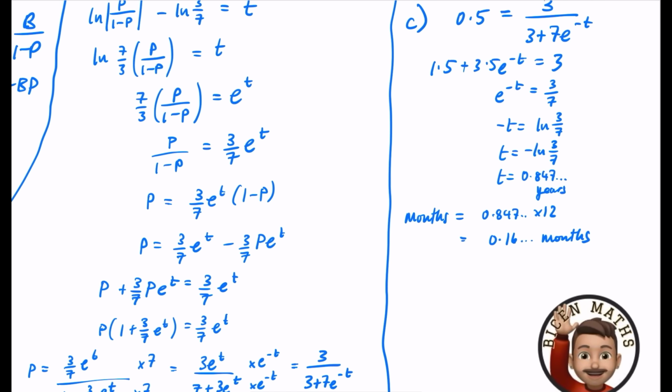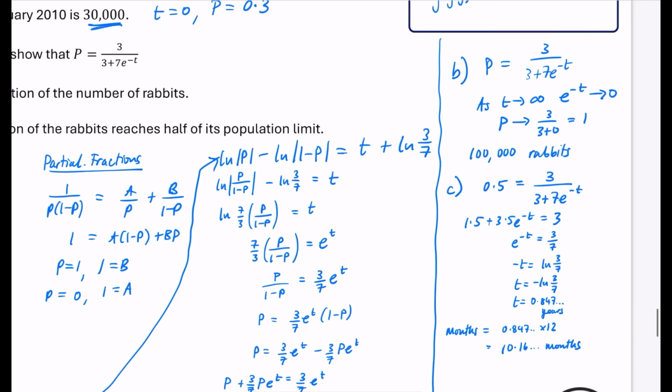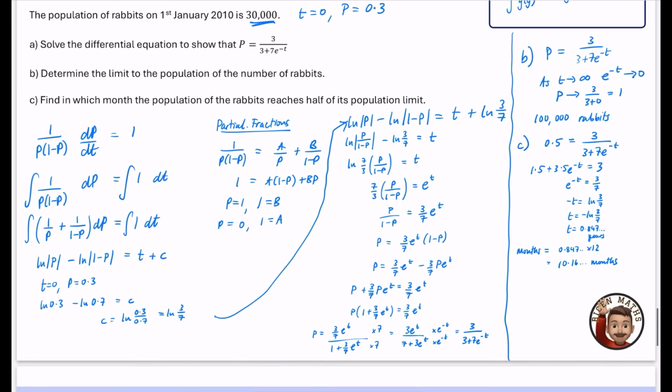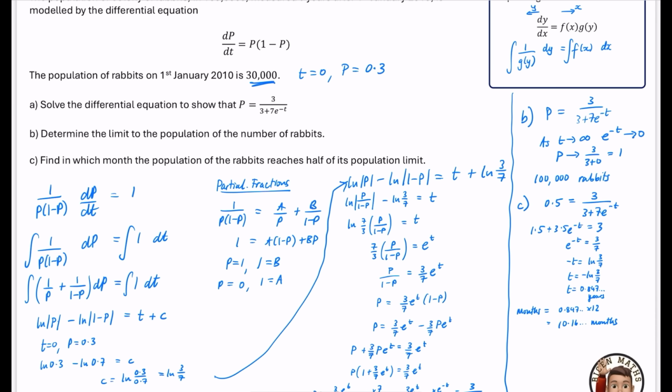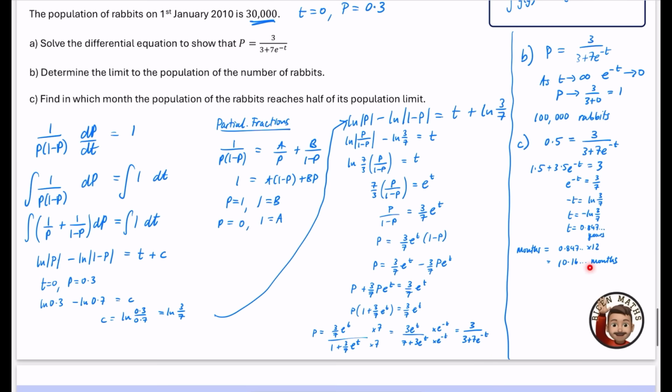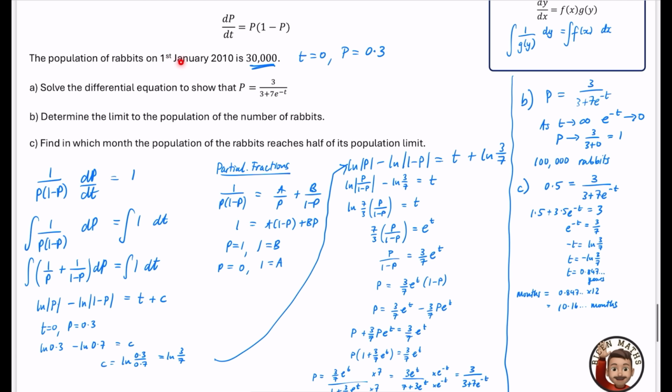We need to find out in what month that takes place. If it was 1 month, instead of 10 months, 1 month later would be the 1st of February, so it would be taking place in February. 2 months later would be in March. 3 months later would be in April.